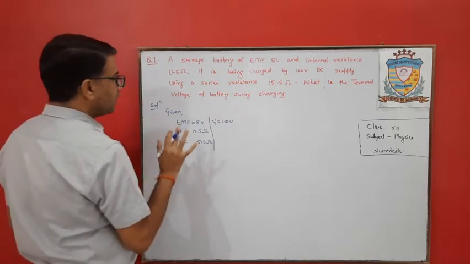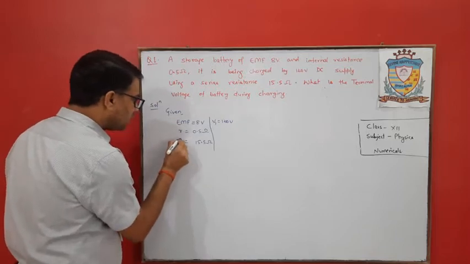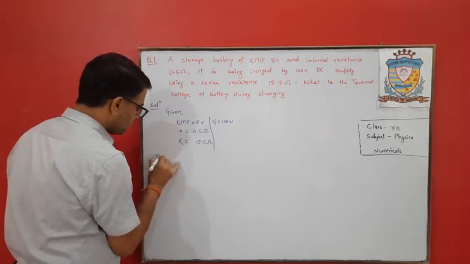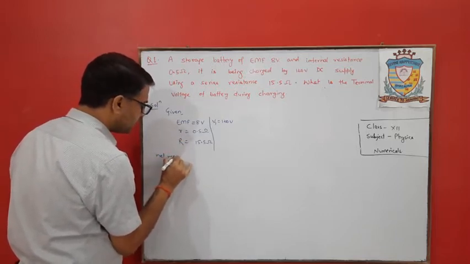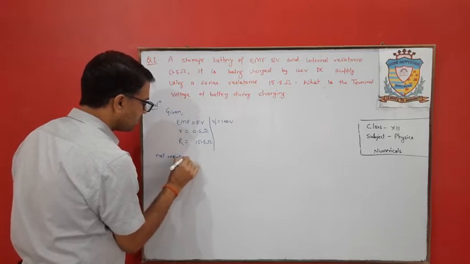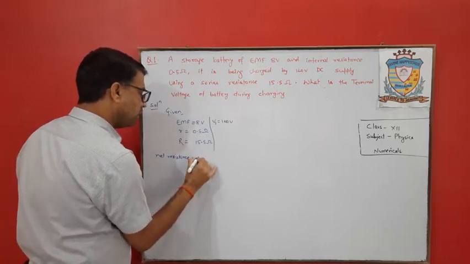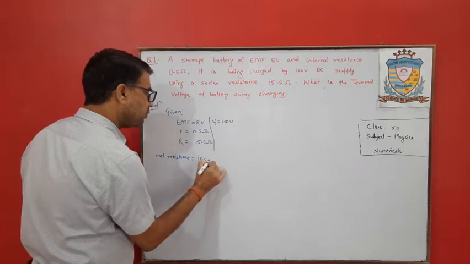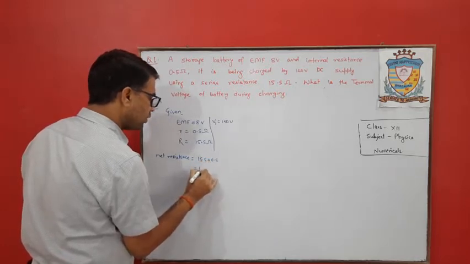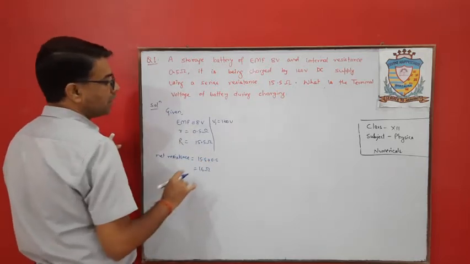Now, first we will calculate the net resistance. So the net resistance of the circuit will become 15.5 plus 0.5, which is equal to 16 ohm.